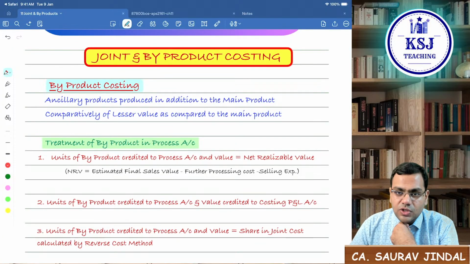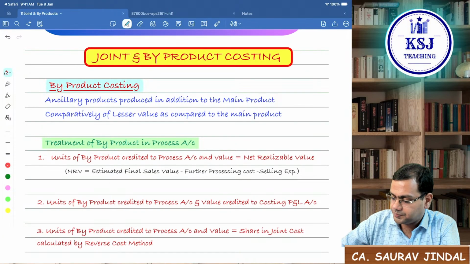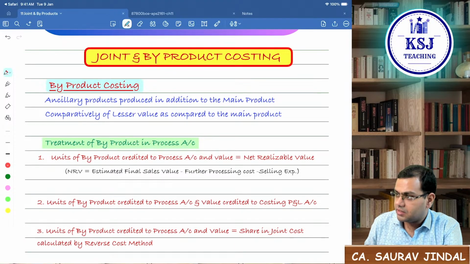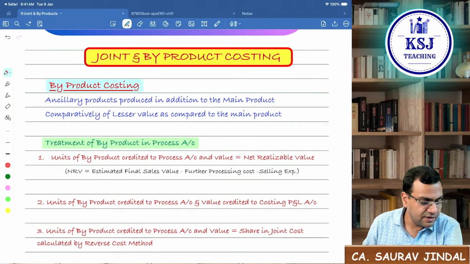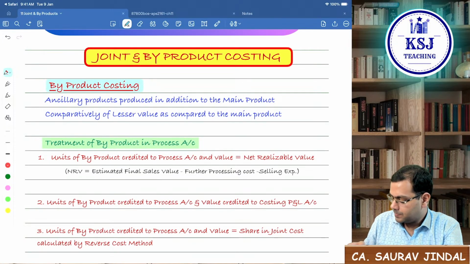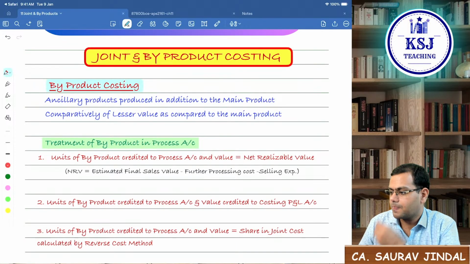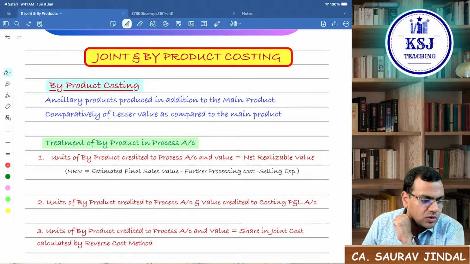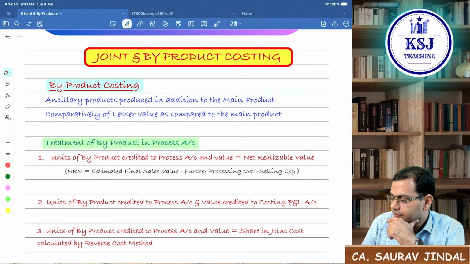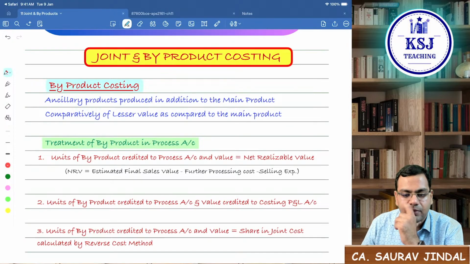Please join in live. All those who are joining in live, please let me know. Okay, I'll update in the WhatsApp group also that we are now live. Okay, we'll wait for 2-3 minutes so that the students can join. Then we will start with the discussion of joint and byproduct.